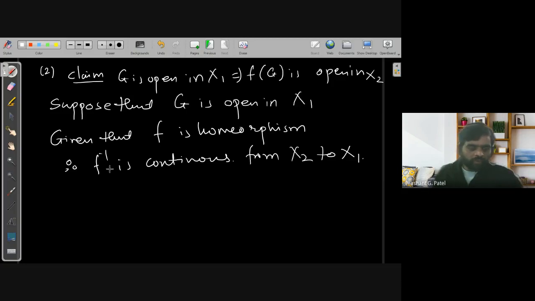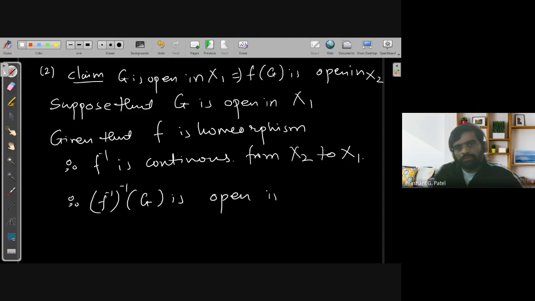Since F inverse is continuous, the inverse image of an open set under a continuous function is open. And this G is open in X1. So I'll take the inverse image. G is already open in X1, so therefore what we can say is F inverse of G is open in X2.